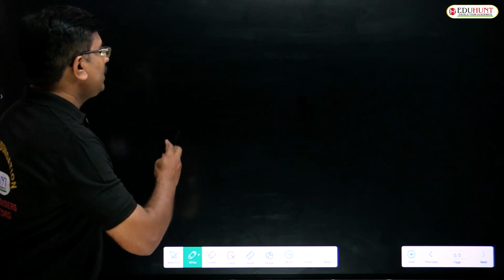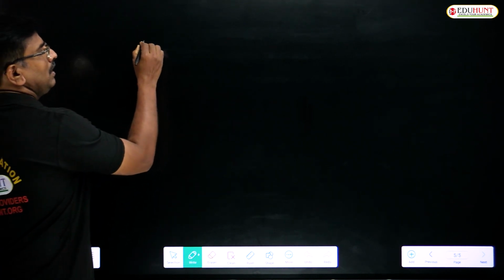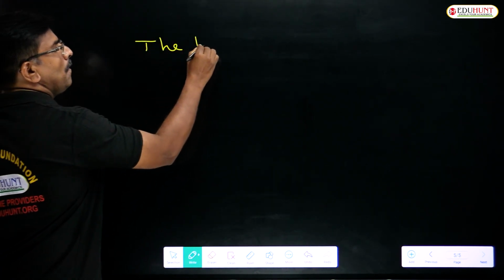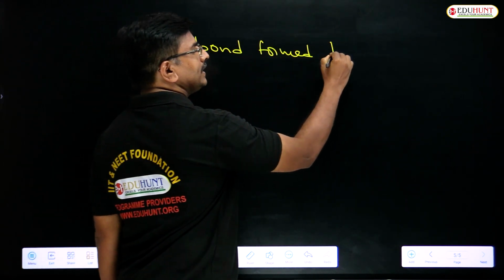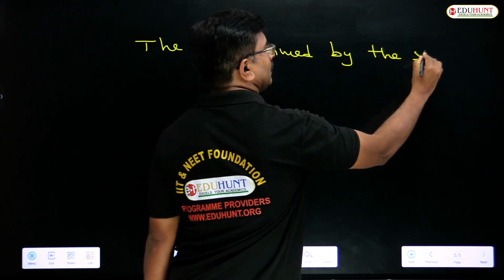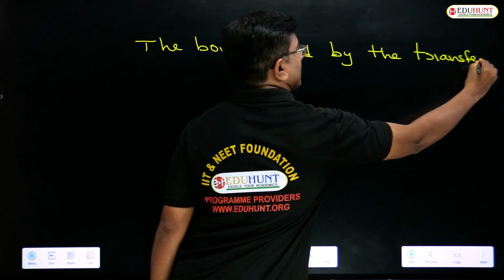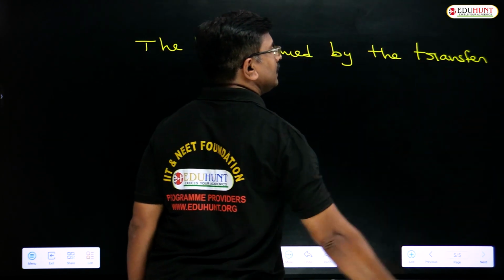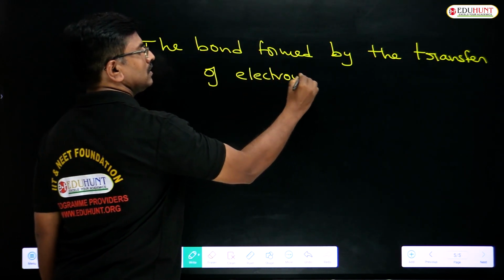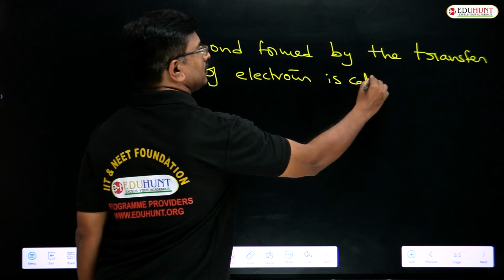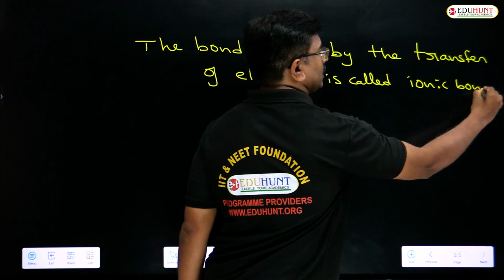See, ionic bond in another way can be expressed like this: the bond formed by the transfer of electrons is called ionic bond.